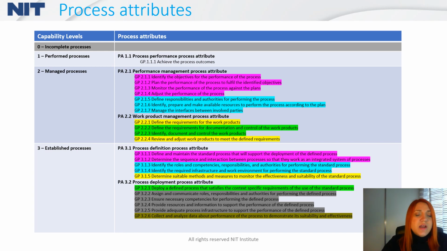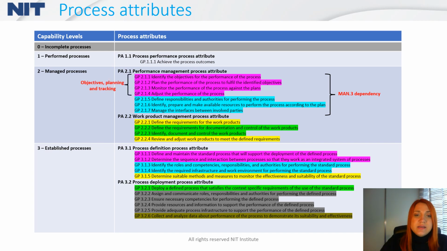Here, all the generic practices are used for all of the processes, but they are only mapped to a certain area. In this first color, which is added here, and the second one, we have, as we already said, dependency with the management process. It means that the management process is heavily related to them.